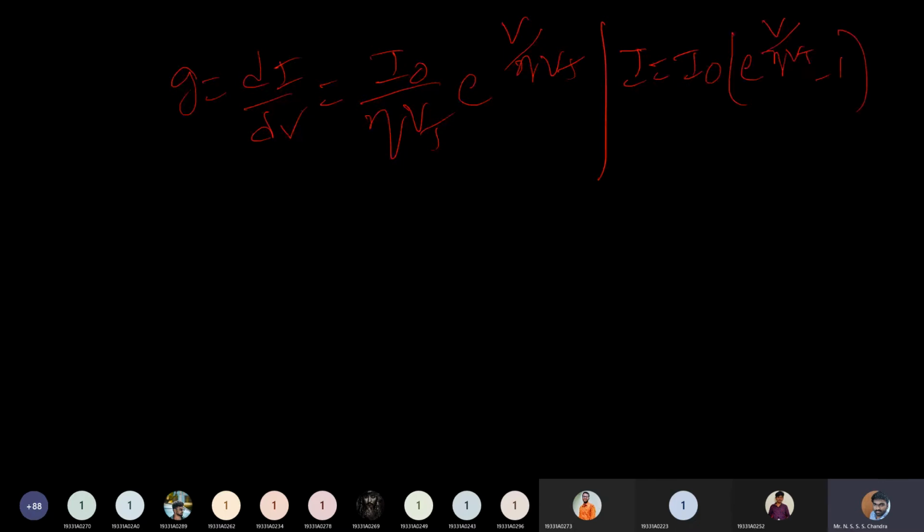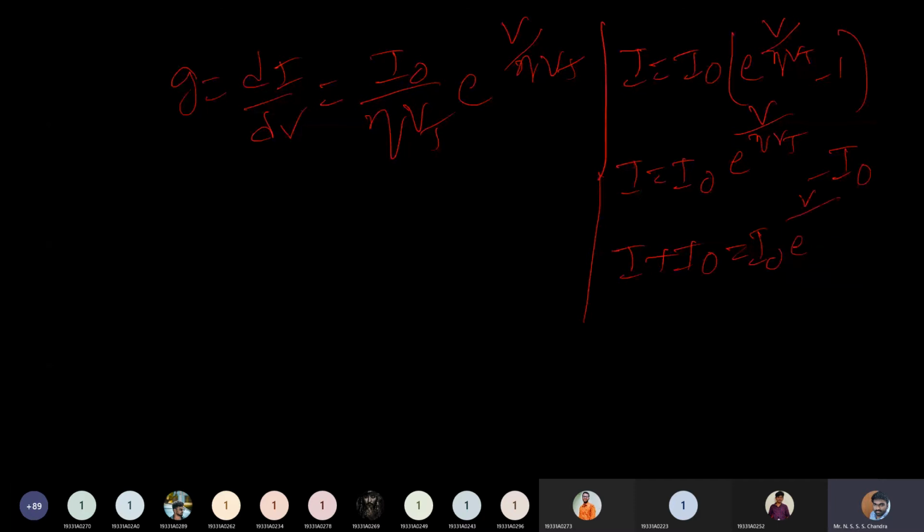If you divide it into two terms, I naught into e power V by eta Vt minus I naught, and take the minus I naught to that side, it will be I plus I naught equal to I naught into e power V by eta Vt. So this term will be replaced over here.